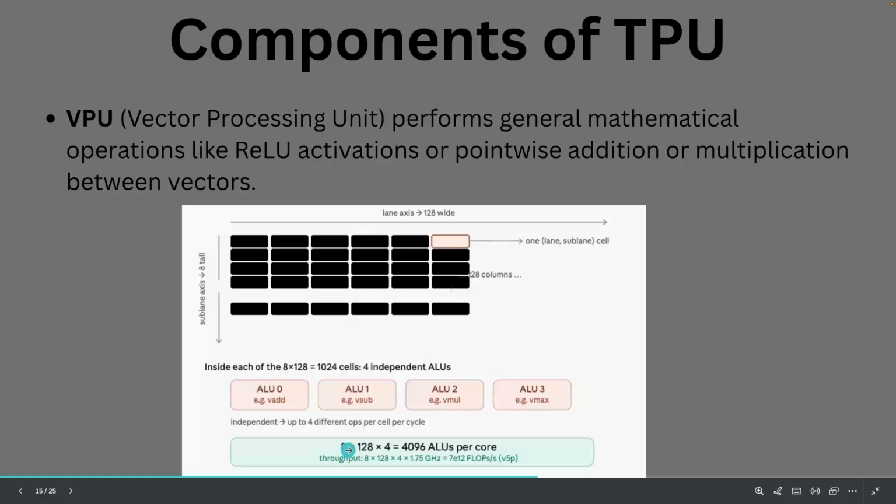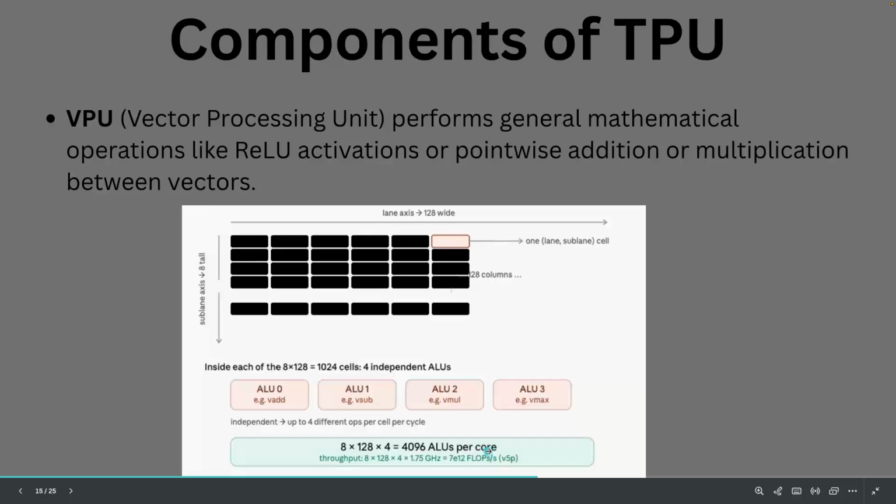In a VPU you have 8 by 128 cells, and each of them has 4 ALUs. So the total number of ALUs per core in your tensor core is around 4096, and VPUs generally have a clock speed of 1.75 gigahertz, which comes down to around this many flops.